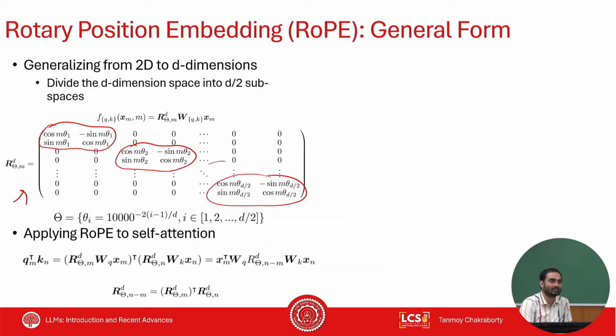And how do you determine this theta? Theta is essentially the same as in Vaswani's paper: 10,000 to the power minus 2i by d. Okay. Are we learning something here?